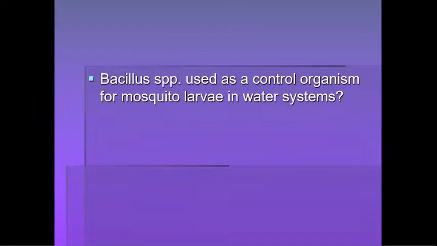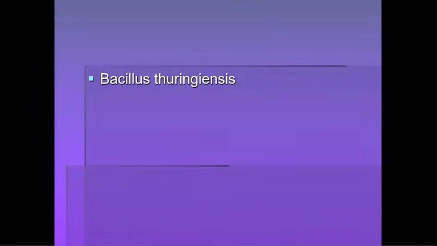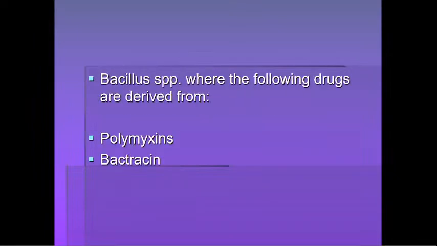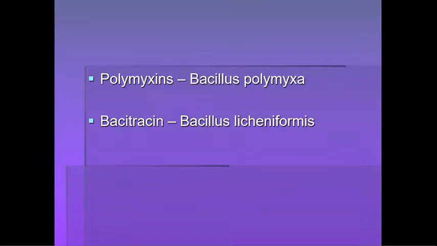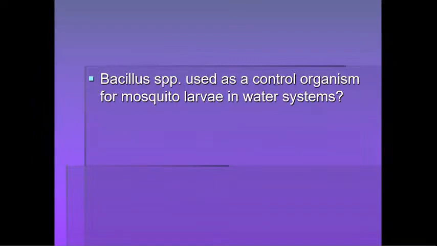The Bacillus species used as a control organism for mosquito larvae in water systems is Bacillus thuringiensis. These last two slides are just nice to know information.